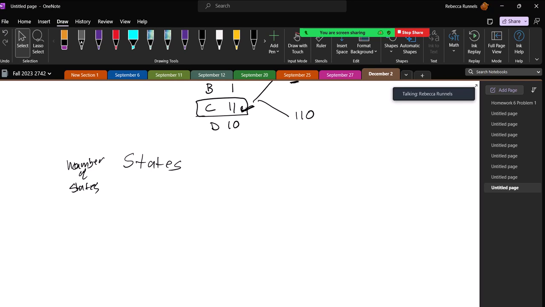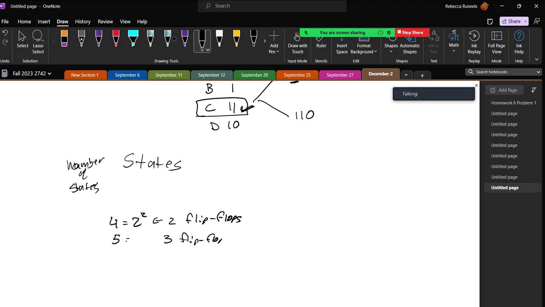No, not quite. It's just 4 equals 2 to the 2, and 5 is bigger than that, so with 2 to the 2, I can use 2 flip-flops. If I had 5, then I have to use 3 flip-flops, because the number of flip-flops I have has to be able to accommodate all that I've got, and 3 flip-flops will accommodate 8, but I have to have all of them to do 5.